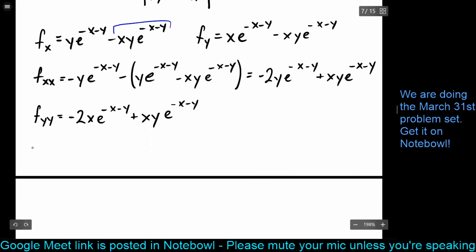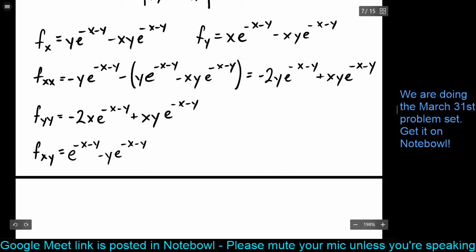Right? Now fxy is a little more interesting. So let's take the derivative of this with respect to y. Now actually both parts of this get the product rule. Right? So differentiate this part, and we have e to the minus x minus y, and then minus y e to the minus x minus y.